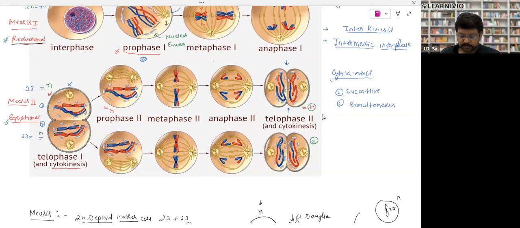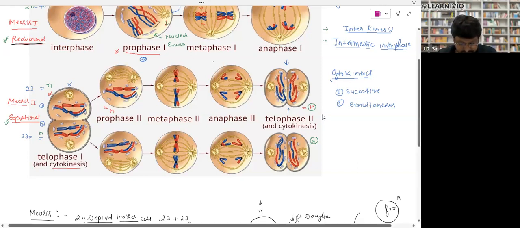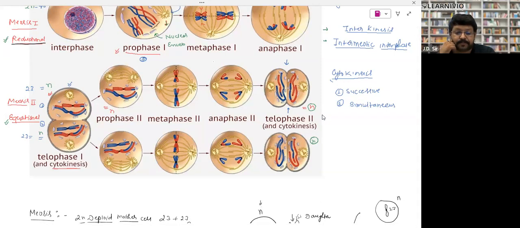Full stop. Each cell forms a nucleus. Full stop. Spindle fibers usually degenerate and further the protoplasm divides.